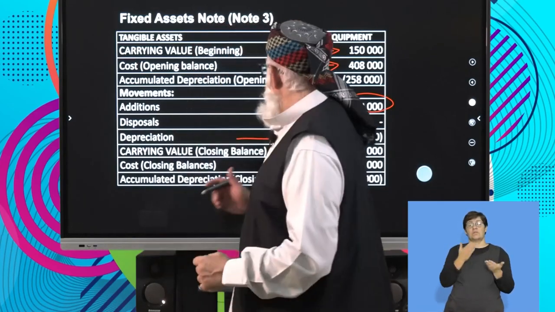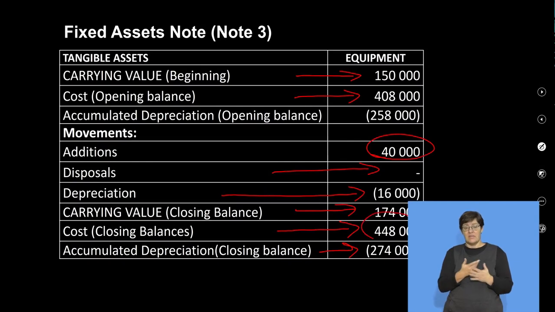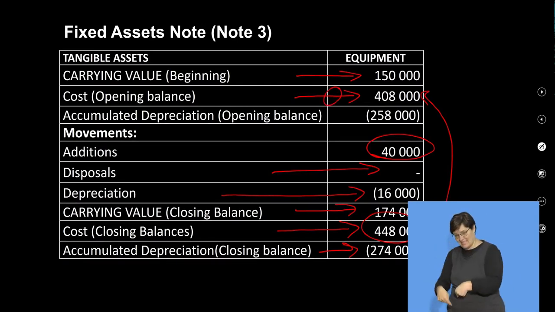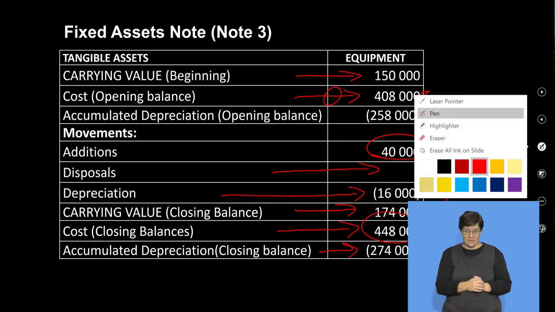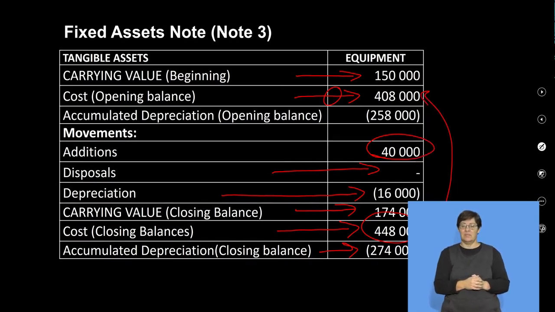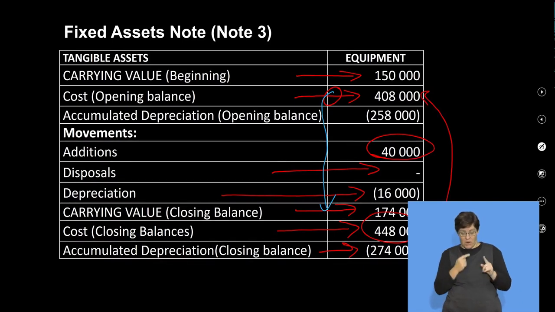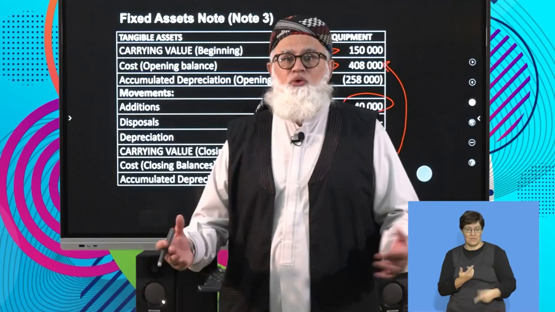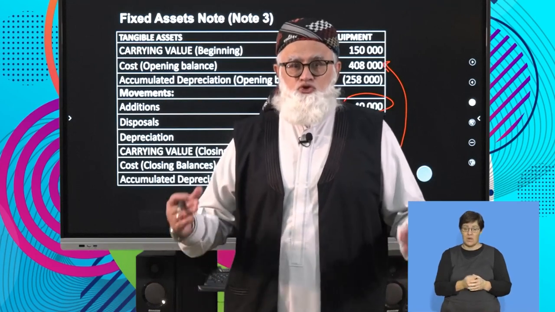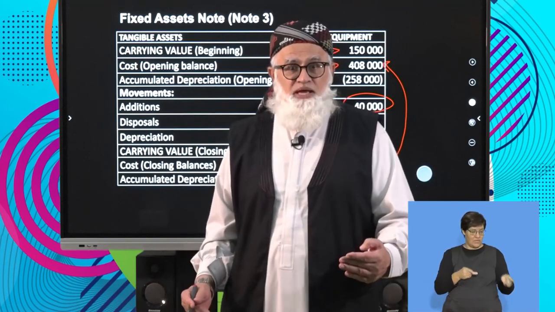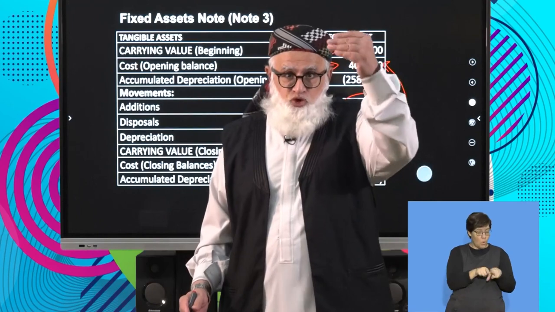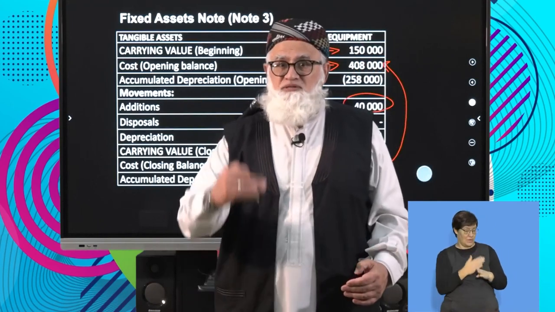Sometimes you are given the closing balance and you have to work backwards. Keep that in mind. At other times, you are given the opening balance and you have to work downwards. Depending on what information is provided to you, you will then decide which way to do your calculations. You must be able to work both ways, from top to bottom and from bottom up.